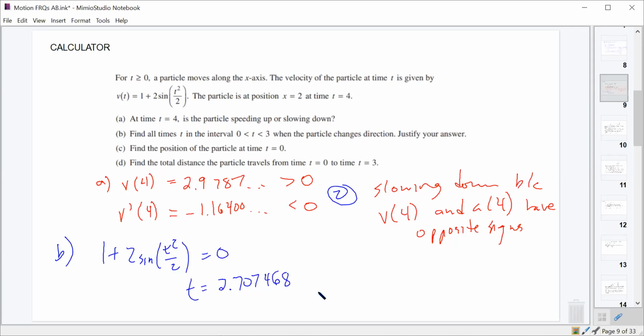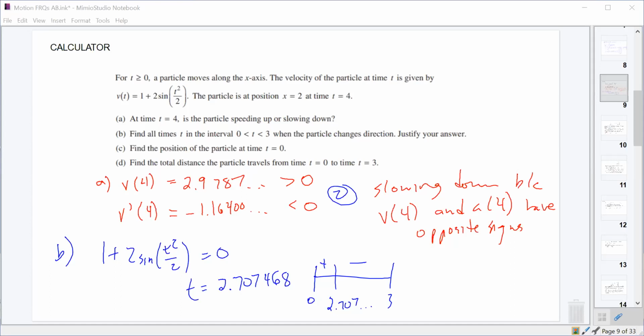And you'd want to either do a sign chart to show that it changed signs, that it went from positive to negative, which you could see by looking at the graph. So those arrows in there, but you'd have the graph sitting in front of you, right? If you had your graphing calculator, you'd want to either make the sign chart and show that, or make a statement that says the derivative goes from positive to negative.